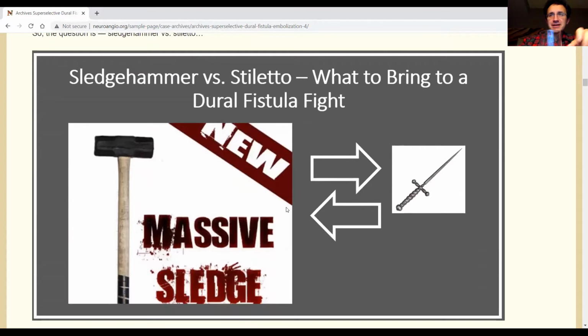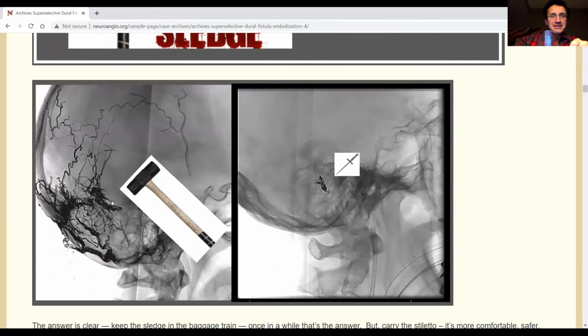We kind of emphasize it when we talk about these things: do you do it with a sledge? Do you do it with a stiletto? Like this or like this? And so this is what it comes down to.